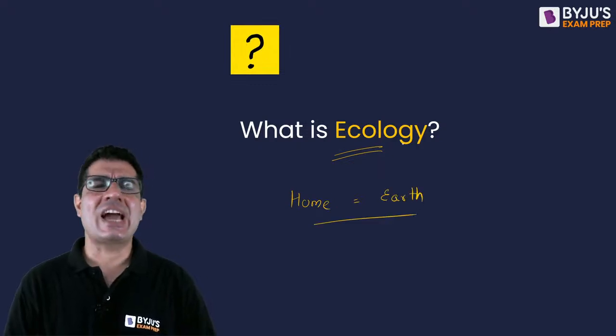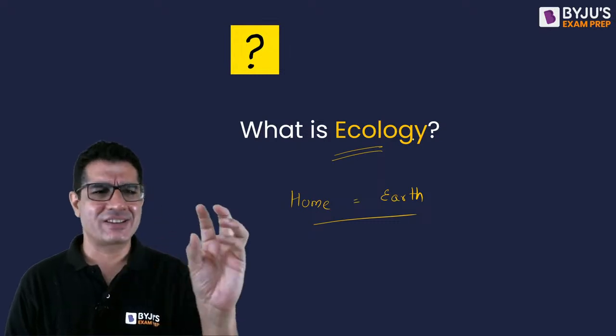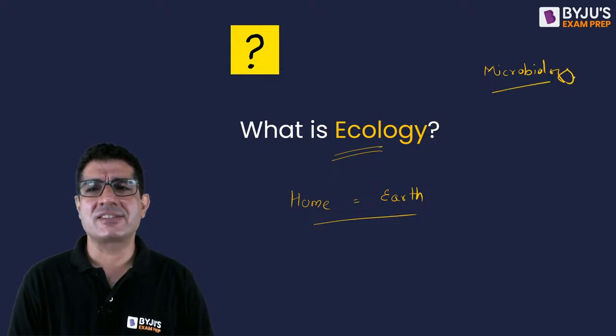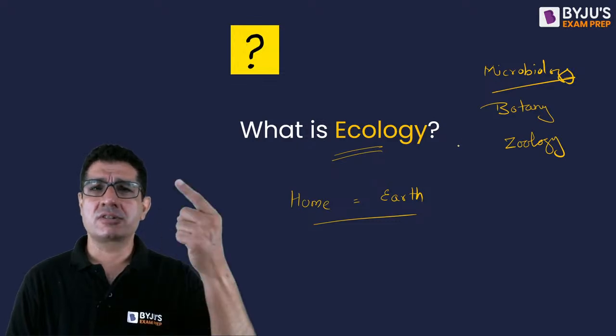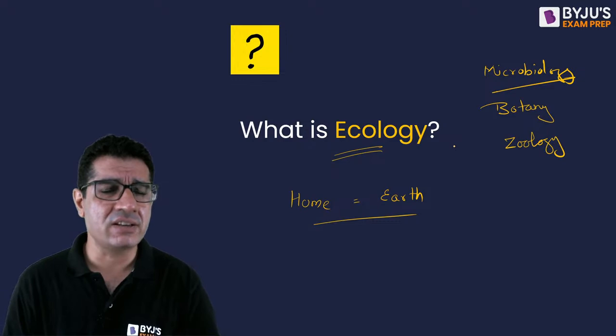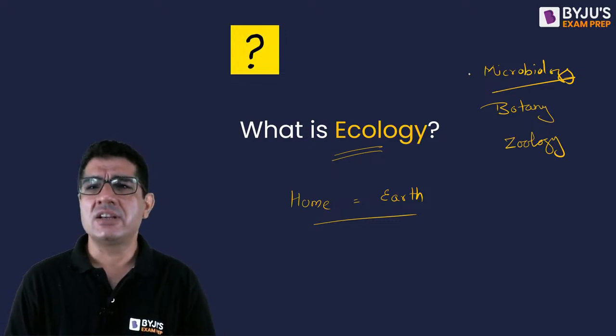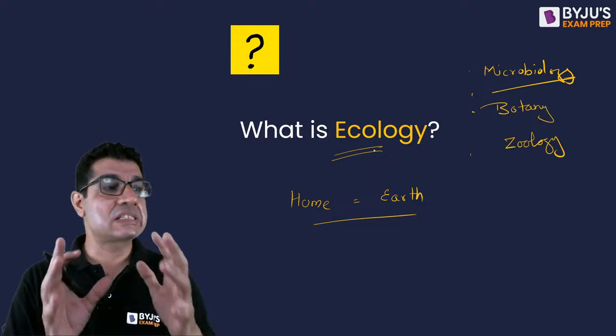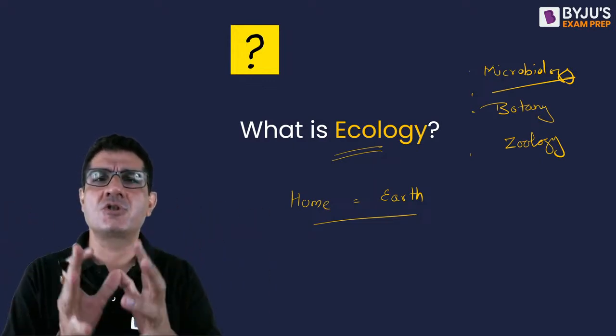We have a lot of different branches. For example, microbiology, where we study bacteria, viruses, etc. Then we have botany and zoology, where you study plants and animals, and also those in between things like fungi, which is called mycology. All of these are well and good, but there are times when we want to study all of these things together.